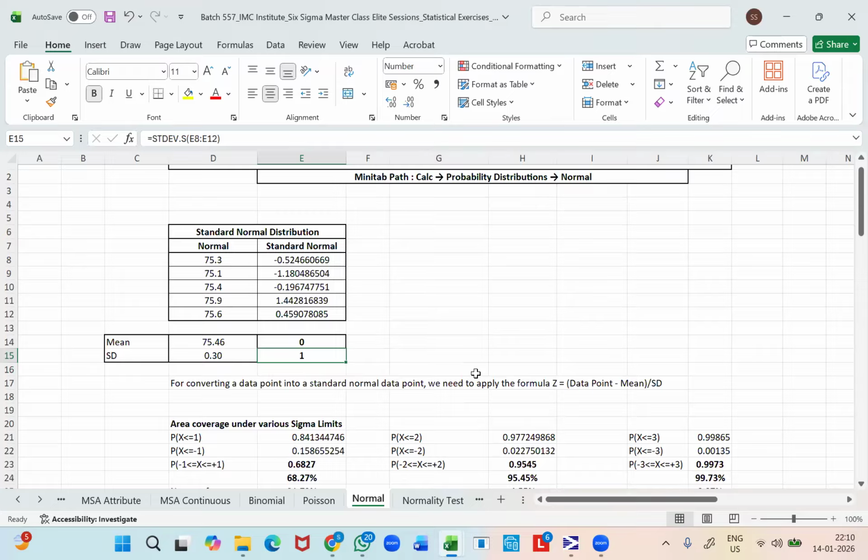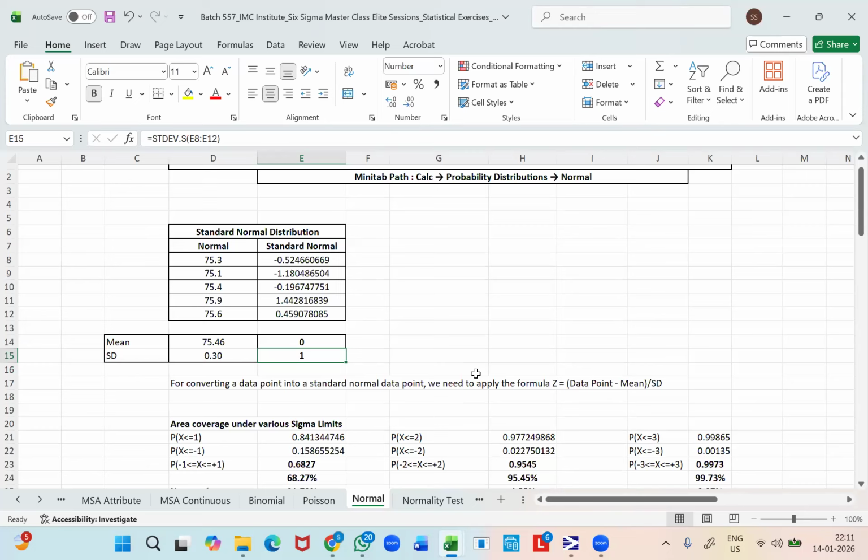So it is practically impossible for us to expect to obtain probability values for each and every combination of mean and standard deviation. The statistical tables will contain the probability values for the standard combination of mean and standard deviation, that is, mean equal to 0 and standard deviation equal to 1.